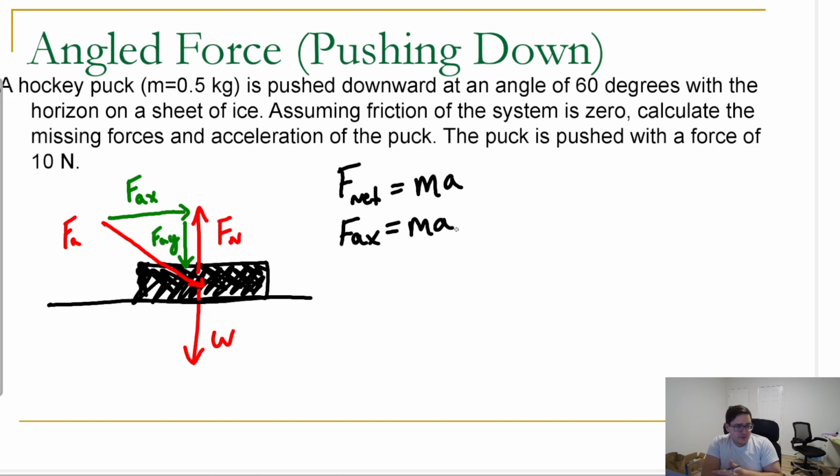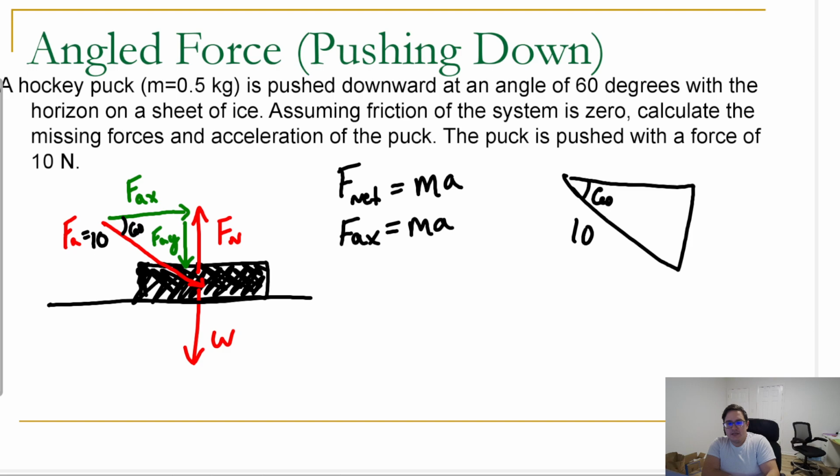Do I know force applied in the x direction yet? No. We do know force applied though. Anytime you see an angle, folks, what are we going to do? We're going to do some trig. So I'm going to redraw my trig triangle over here. That's 60 degrees.